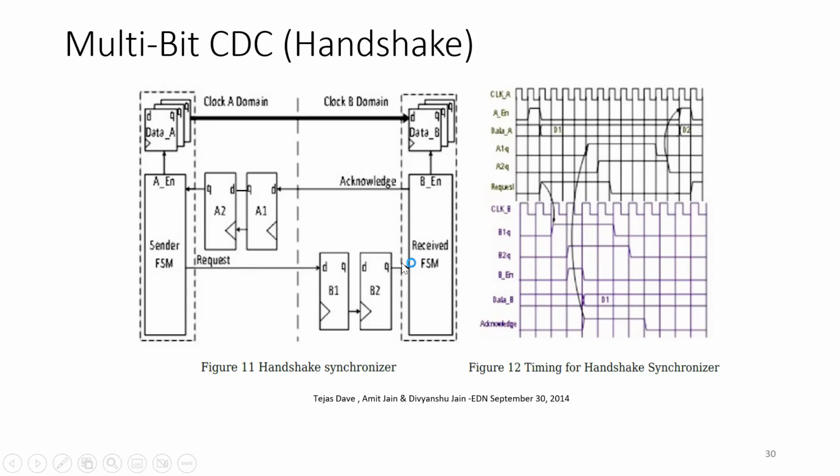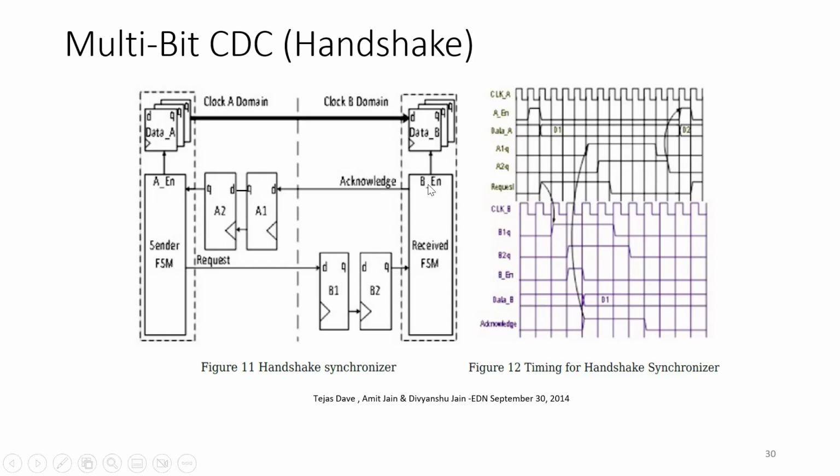Here, the receiver end received a request on its own clock that there is data available for you. What it will do, it will enable its receiving channel to open and get the data.